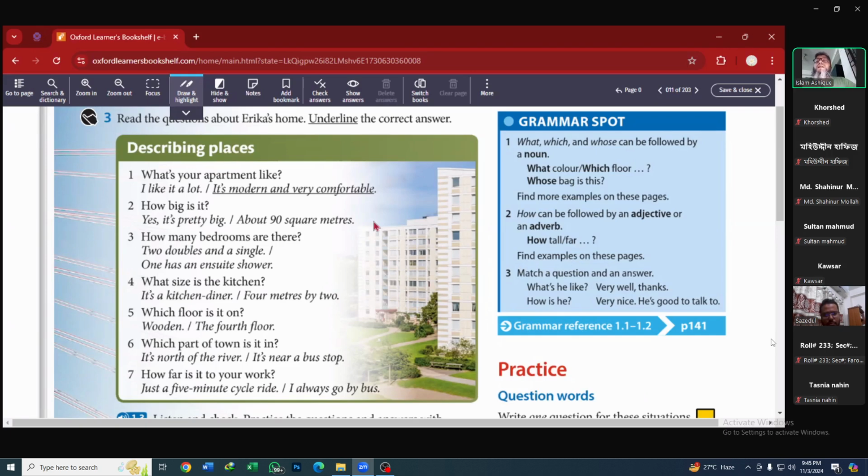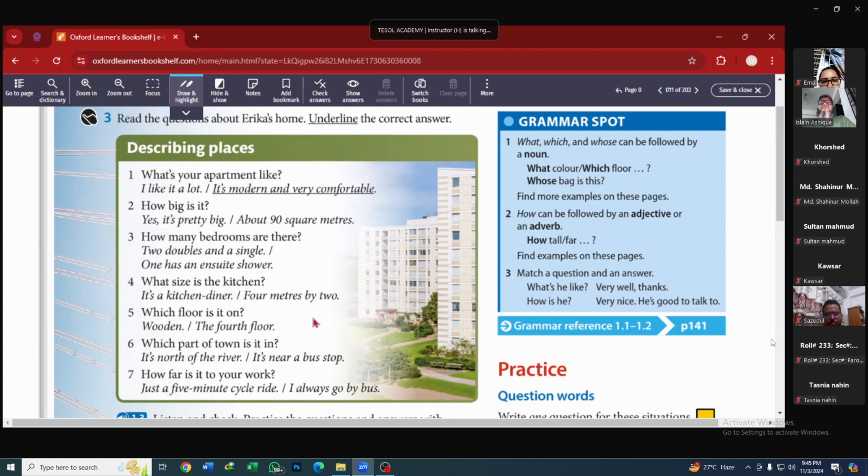What's your apartment like? It's modern and very comfortable. Very good. How big is it? It's about 90 square meters. Very good. Number 3, how many bedrooms are there? Two doubles and a single. Great. Number 4, what size is the kitchen? 4 meters by 2. Good.